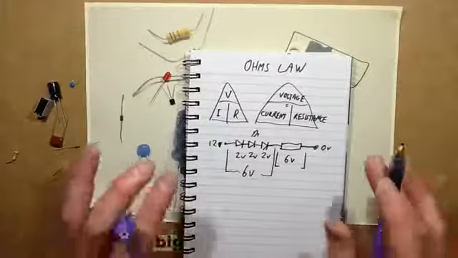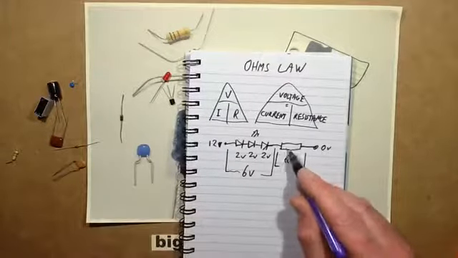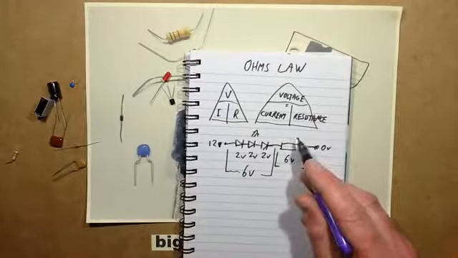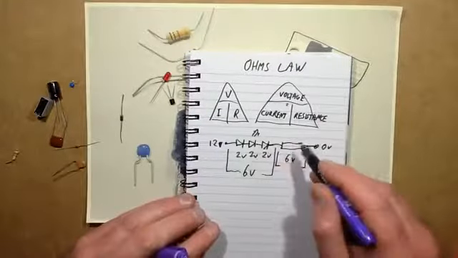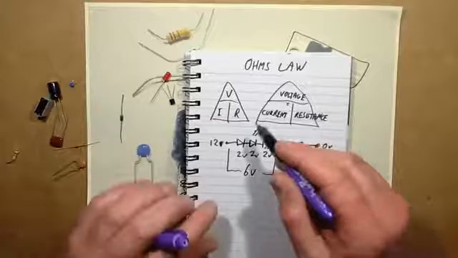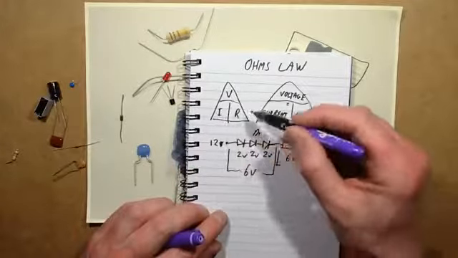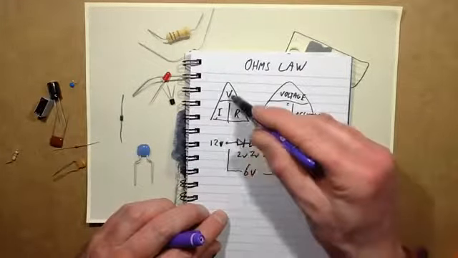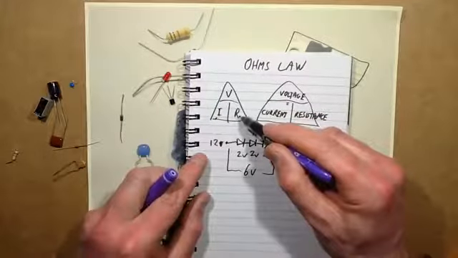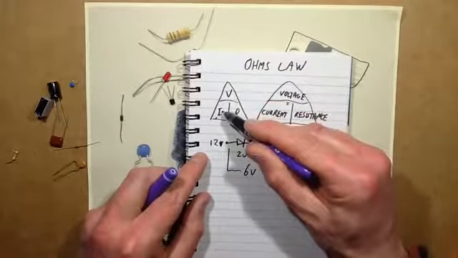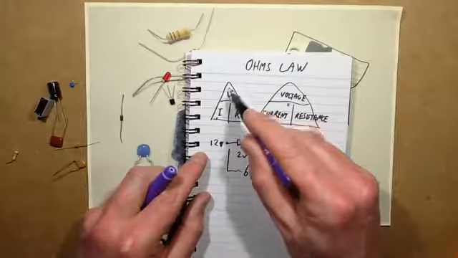To work out the resistor value in ohms, R equals V over I. Sorry, I should mention here, V equals IR, but the reason I've drawn a triangle is that if you want to reverse that formula, resistance equals voltage divided by current, and current equals voltage divided by resistance.